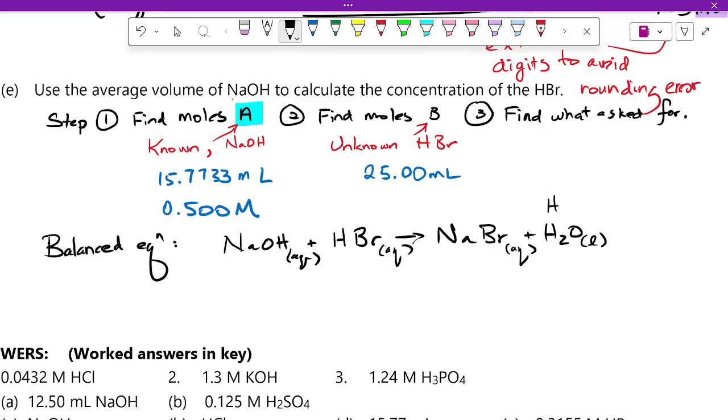You can leave this as HOH and balance your OHs and your H's, which shows you that it's already balanced, right? Or you can say for every OH, I need an H. For every OH and H, I need a water. So if I've got one OH and one H, I'm going to get one water. And then the Na you can just look at and be like, oh, there we go. It's all 1 to 1 to 1. So this is a really easy one.